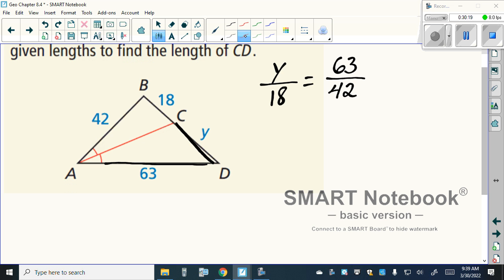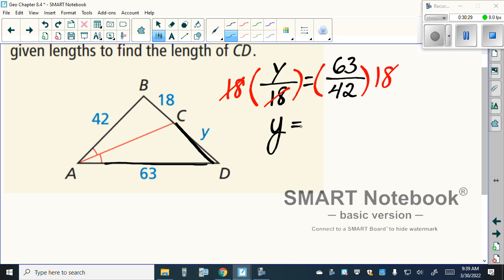Now what do we need to do next? Times both sides by 18. And here 18 and 18 will cancel, giving us y by itself. And we get y is 27. Any other questions on any of these here?